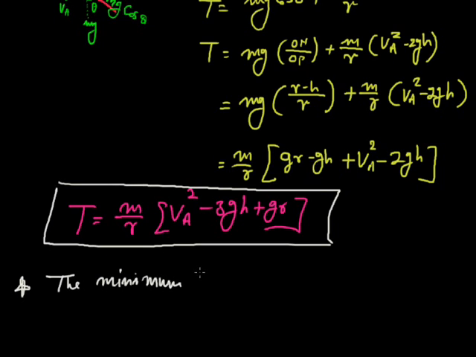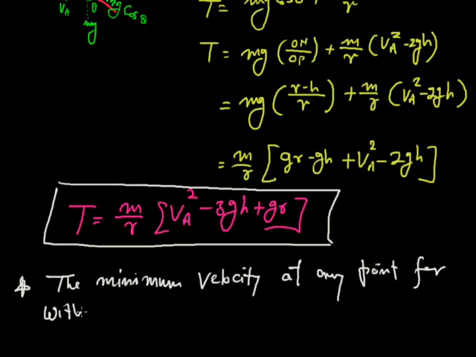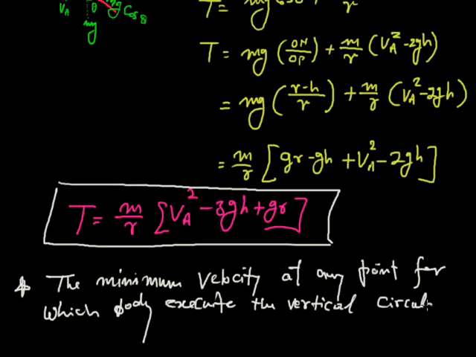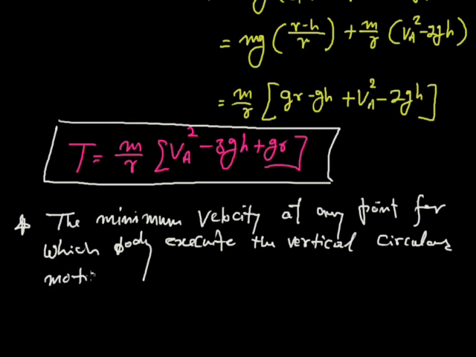The minimum velocity at any point for which the body executes the vertical circular motion is called critical velocity for that point.